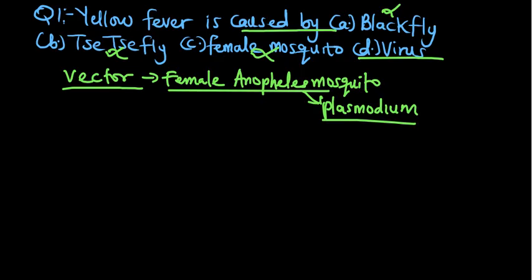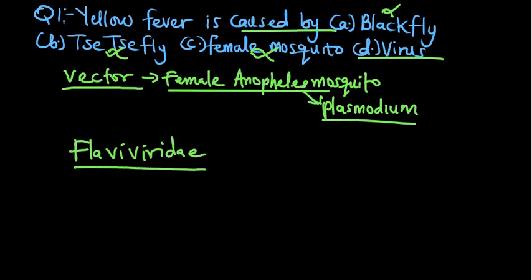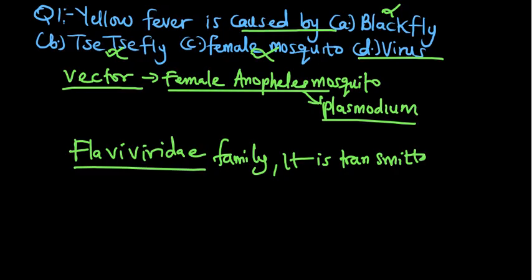So yellow fever is caused by a virus of the family Flaviviridae. That's the name of the family of the yellow fever virus. It is transmitted by mosquito. Had the question said it is transmitted by, we would have gone for mosquito.